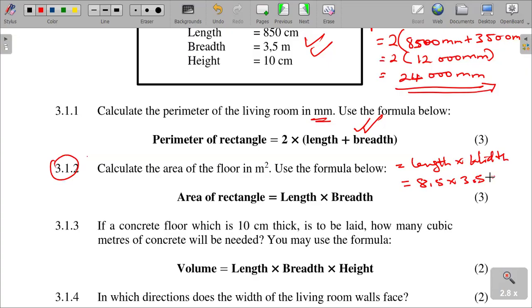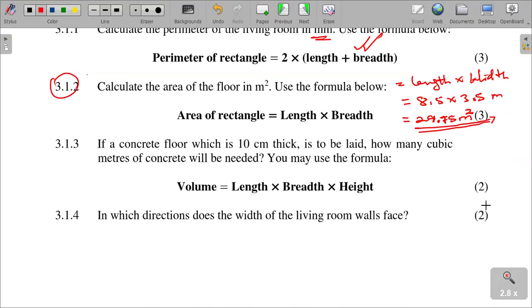Of course, these are meters, both of them, they are meters there, which is equals to 29.75 square meters. Understand? That is the answer there.